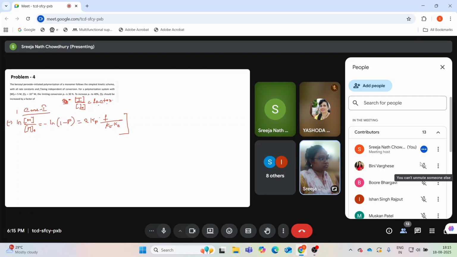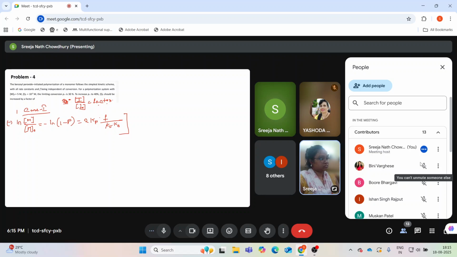So we will consider this formula. For case 1, minus ln 1 minus p infinity, 0.3, is equal to 2 kp (f kt by kd) to the power half, I0 to the power half.